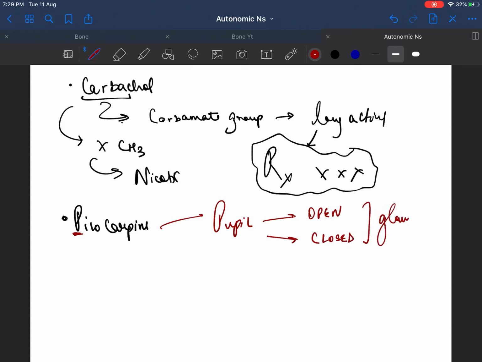And for acute cases of open angle glaucoma, it is a wonderful drug. There are different pathogeneses of open and closed glaucoma. In open glaucoma, there is a problem in the trabecular meshwork, and in closed glaucoma, there is a problem with the ciliary muscle. So pilocarpine will help in both these conditions.